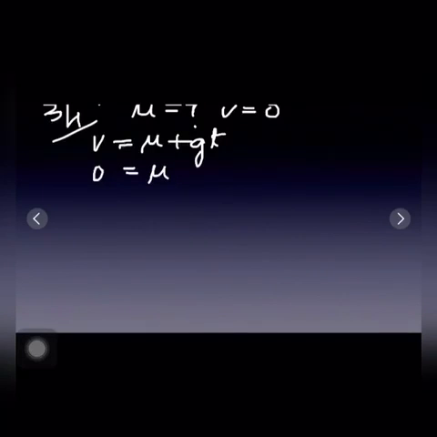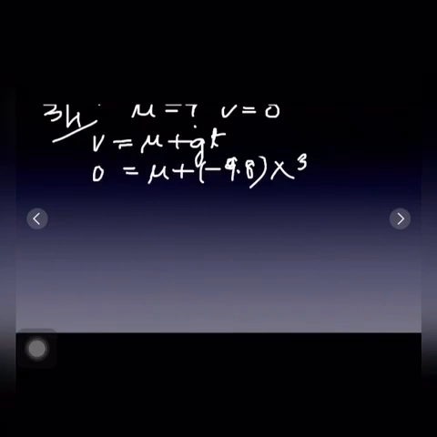The value of G is minus 9.8 meter per second squared. Why we are taking minus? Because an object is thrown vertically upward, so it's opposite to the gravity. That's why we have taken negative sign for the opposite direction. And time we will take as 3 seconds.